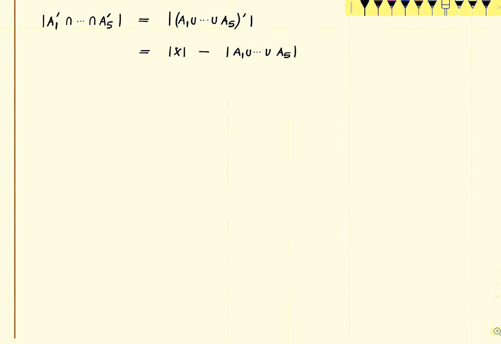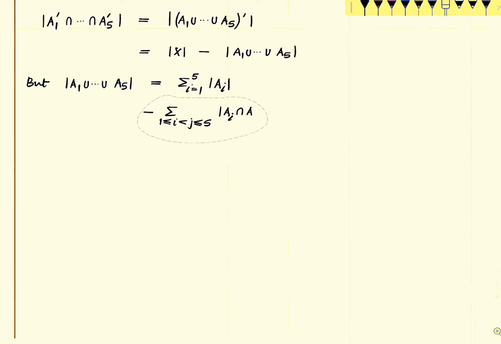And now here we can use our inclusion and exclusion. So this union is equal to this minus that. Yeah, there are 5 terms. Let me write them in 5 lines.